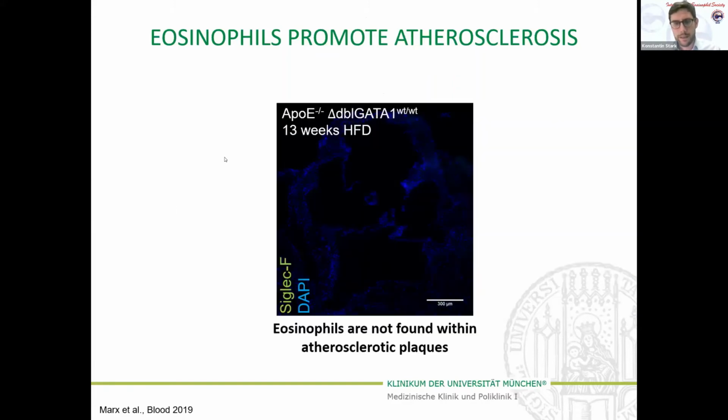Then obviously the question came up, how do eosinophils promote atherosclerosis? For that reason, we looked into the plaques directly, and there we couldn't identify any eosinophils, which is consistent with human studies where eosinophils could not be identified within atherosclerotic plaques.